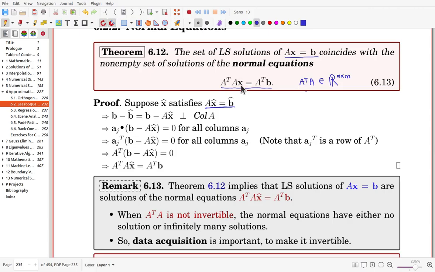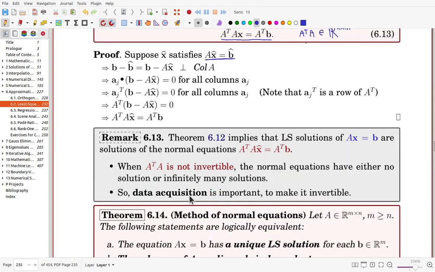So the remark is saying about that. When A transpose A is not invertible, the normal equations have either no solution or infinitely many solutions. That's the reason data acquisition is important to make it invertible. So depending on data acquisition, the system can be invertible or it may not be invertible.